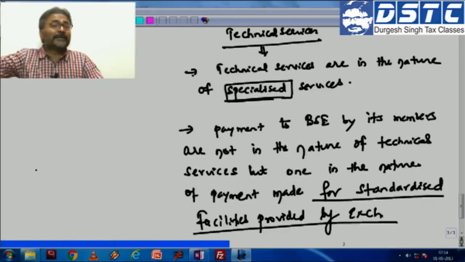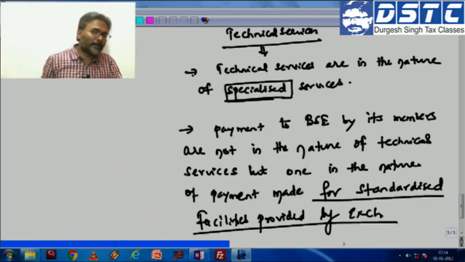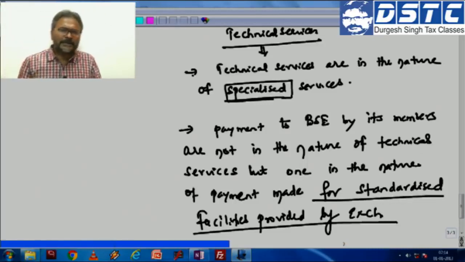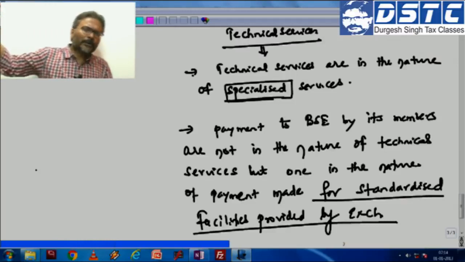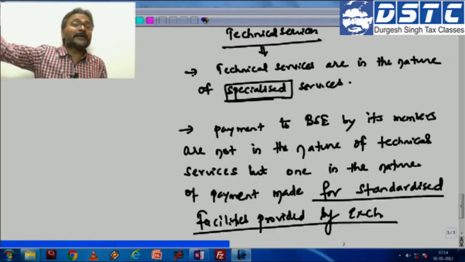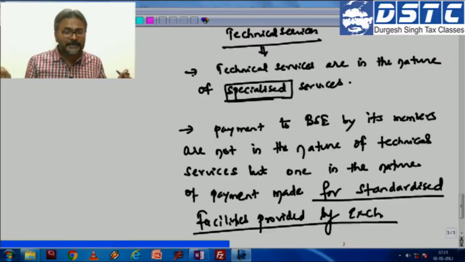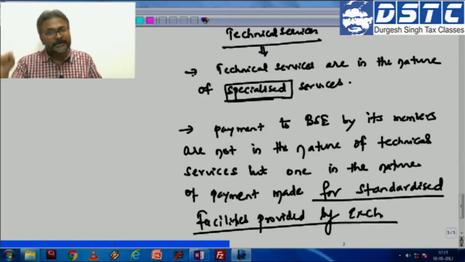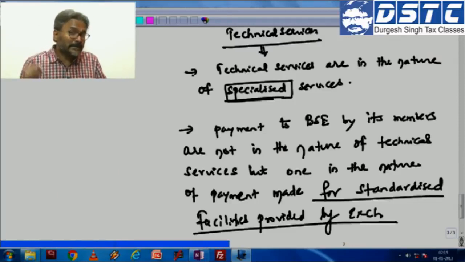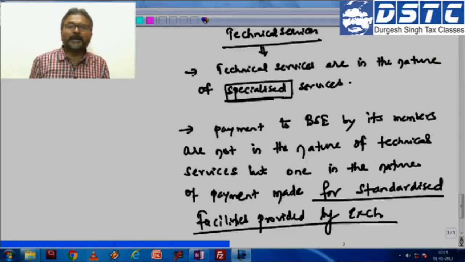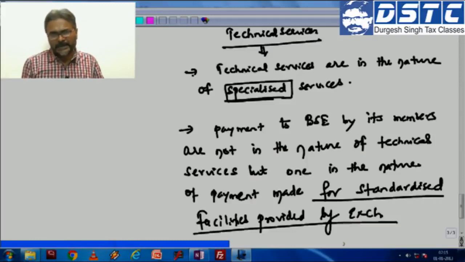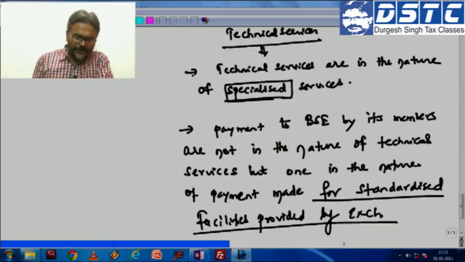Those who want to avail that facility, they need to make the payment of this particular amount, and accordingly the SSC made the payment of the amount to avail the standard facility which was already in existence. Hence the service was not a specialized service, and accordingly it cannot be considered to be a technical service. So this is what the observation, students, of the Kotak Securities Limited is all about.